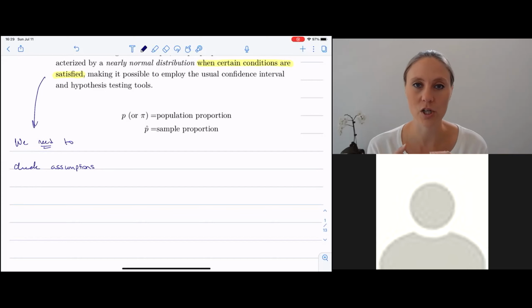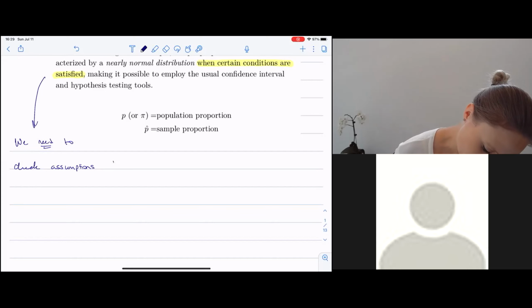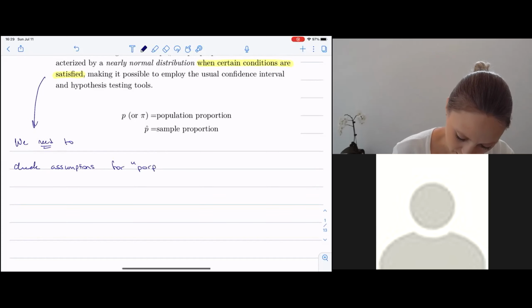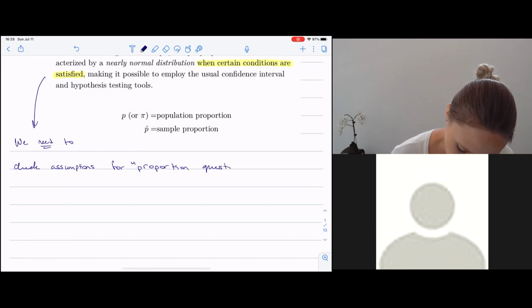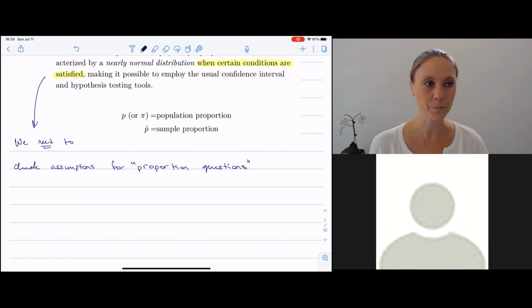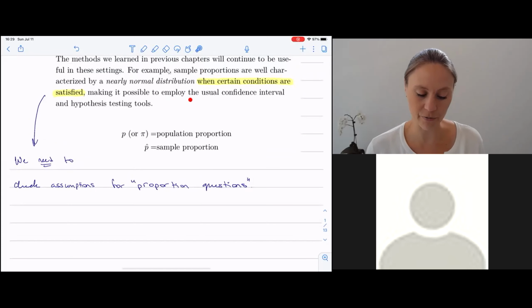So we need to check assumptions for proportion questions. That's going to be a little bit new, but it's important. If the assumptions are satisfied, then we can go ahead and use the z-score.